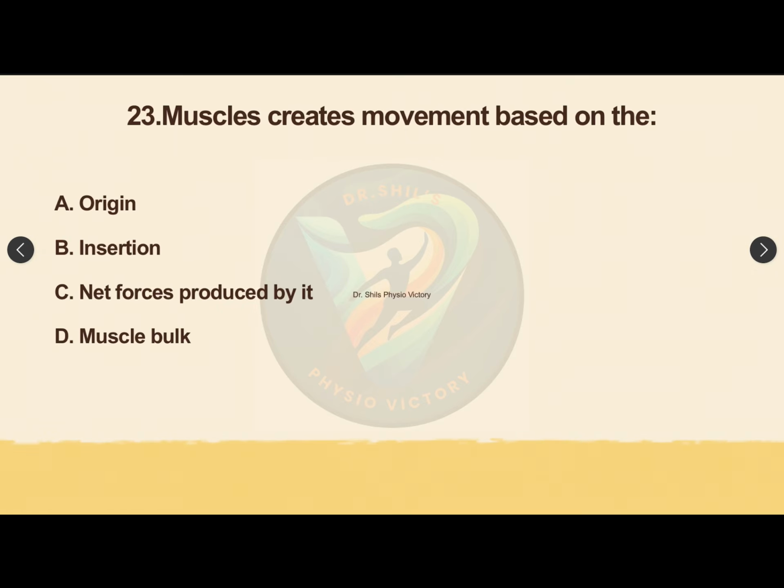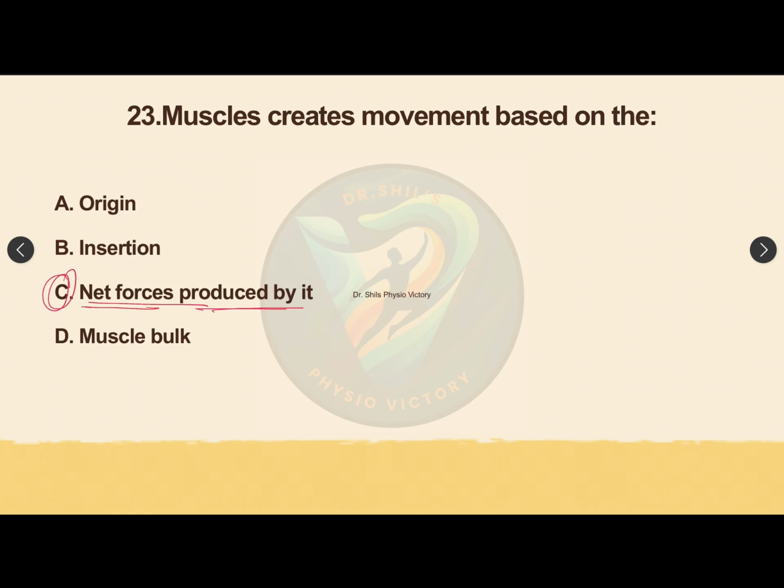Next question. Muscles create movement based on option A origin, option B insertion, option C net forces produced by it, and option D muscle bulk. Here the correct answer is option C net forces produced by it.